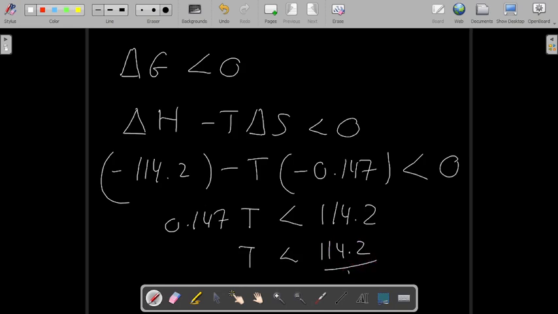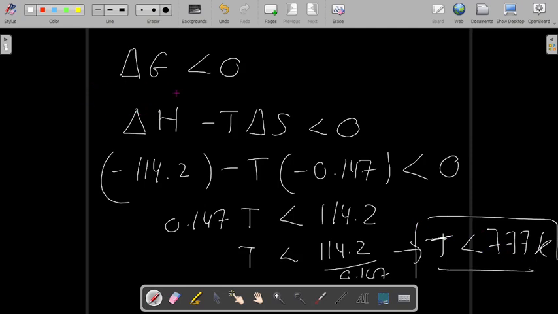This is algebra, 0.147. So the number here comes out that the temperature is 777 Kelvin, or any temperature that is smaller than 777 Kelvin, this is going to be negative and it's going to make it spontaneous. So a temperature that's smaller than 777 Kelvin will make it spontaneous, and that's your answer.